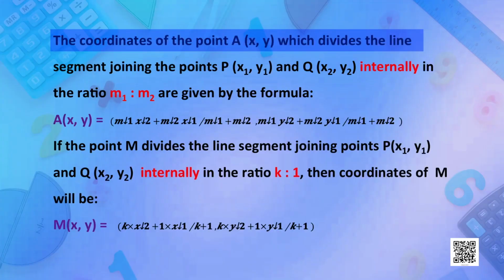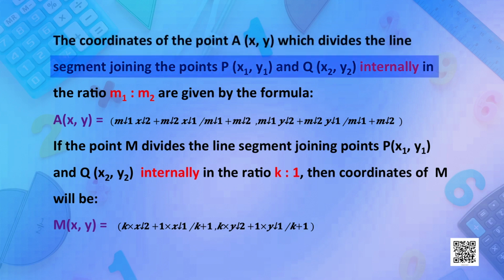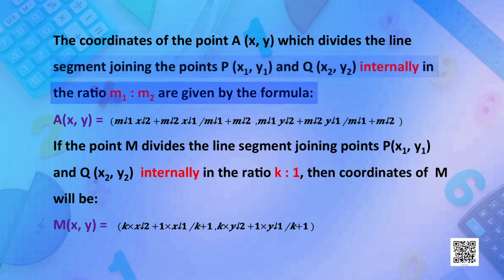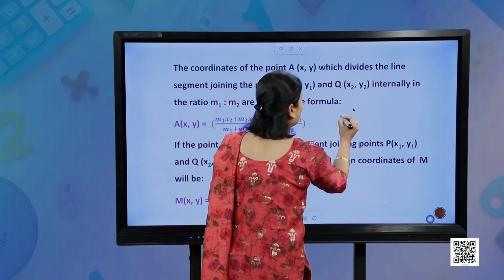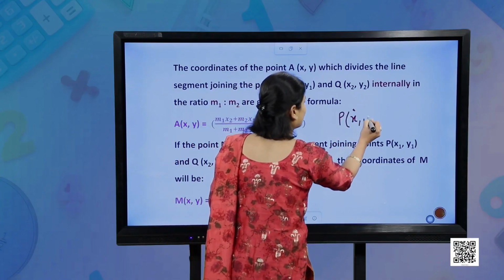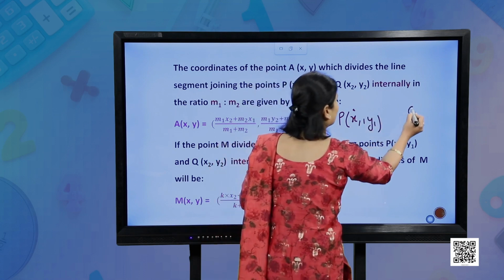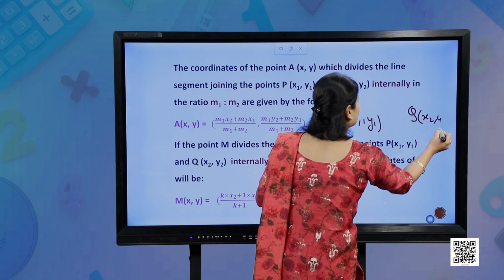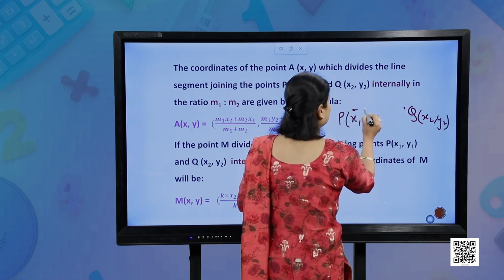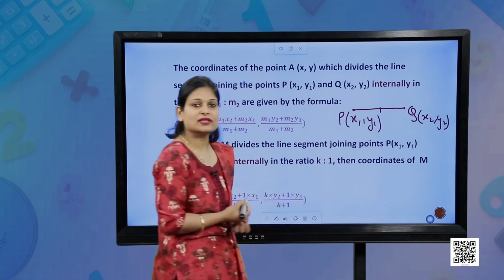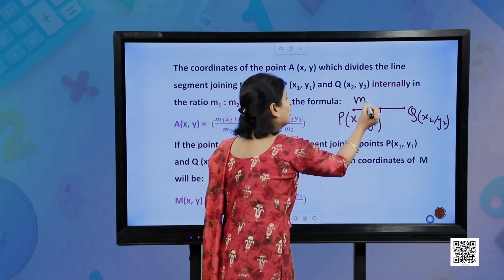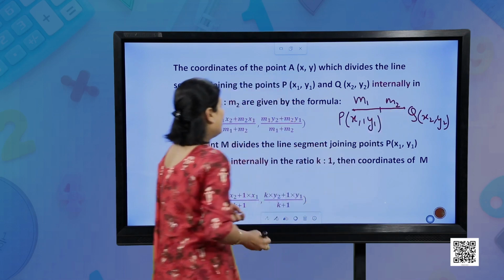Now, the coordinates of the point A(x, y), which divides the line segment joining the points P(x1, y1) and Q(x2, y2) internally in the ratio m1 is to m2, means I have 2 points P(x1, y1) and Q(x2, y2), and there is a point which divides this line segment in the ratio m1 is to m2.